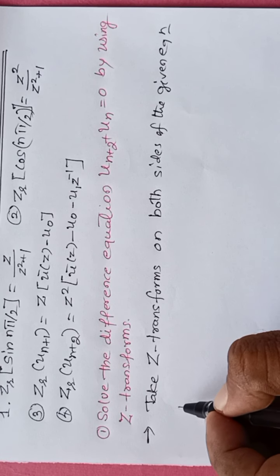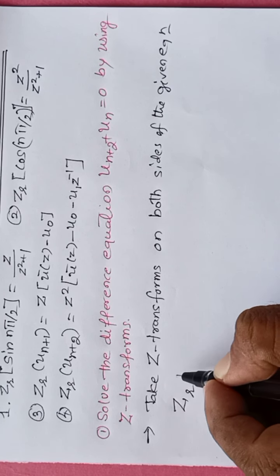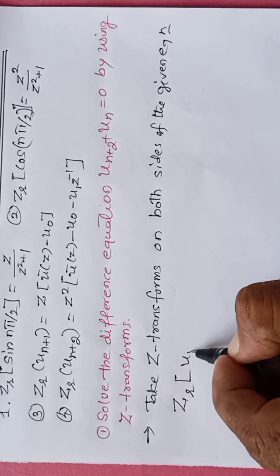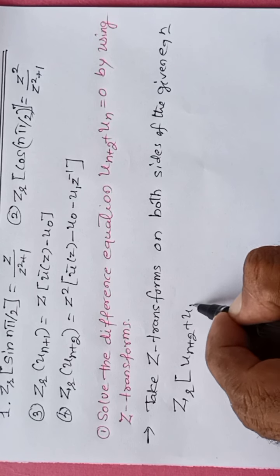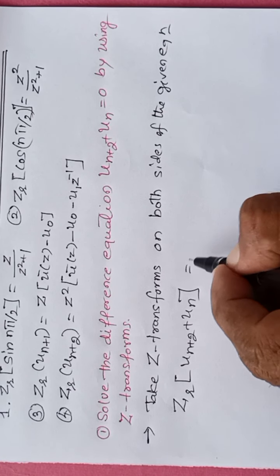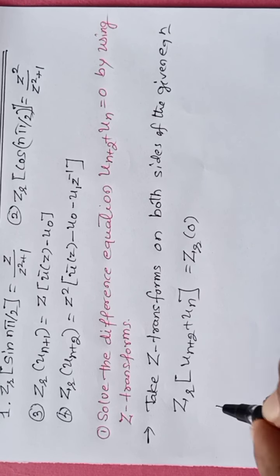So next we have, what is this? Z transform of this given equation, u(n+2) plus u(n) is equal to, on both sides, Z transform of 0.